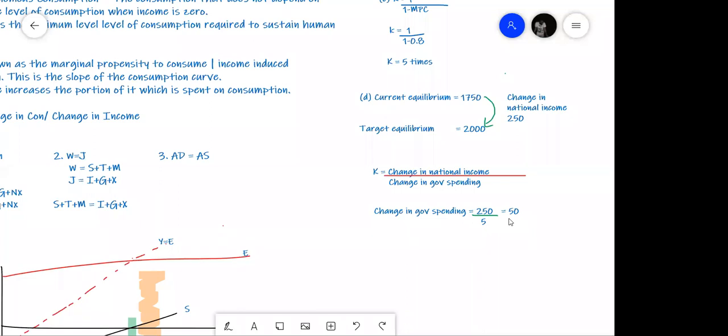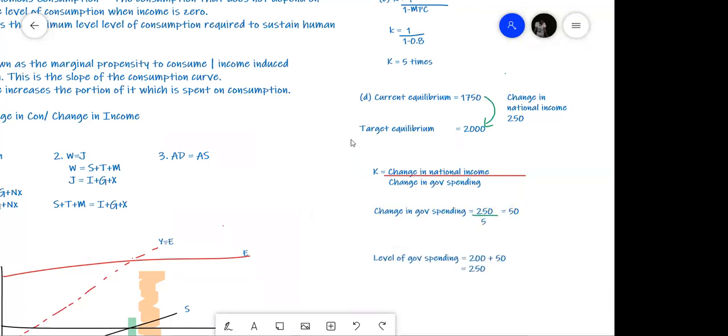The level of government spending required will be that 50 plus the previous 200. So if the government spending is 250, you can achieve an equilibrium output of 2000.